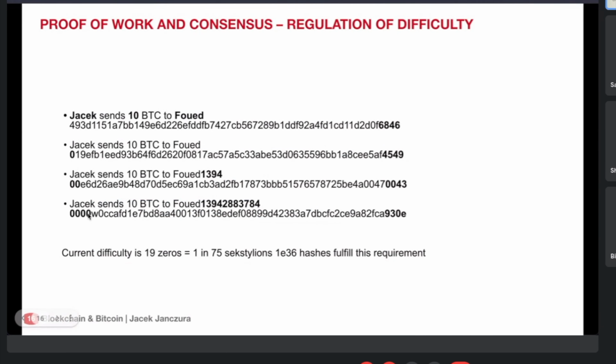The more zeros you have at the beginning, the much harder it is to find this hash. And the current difficulty is 19 zeros at the beginning of the hash.